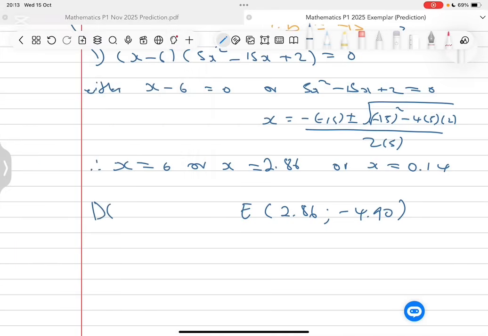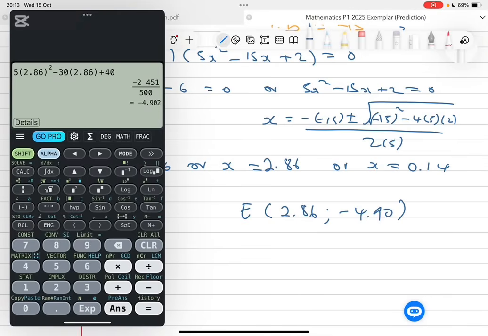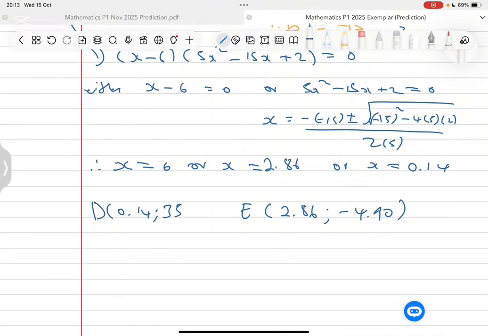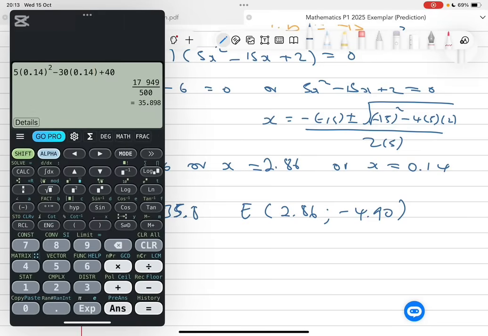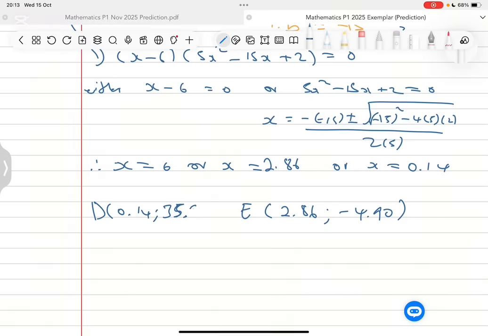And we're going to do the same with the point D, which is 0.14. So on my equation, I'm going to put the 0.14 here, so that now I have 35. Now let us look at this point here.